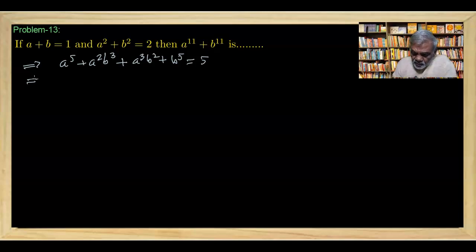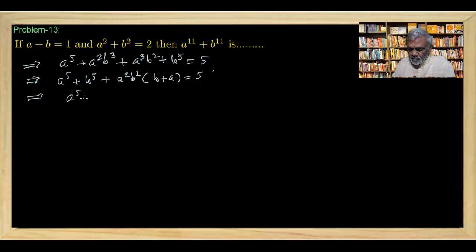And this will give us a raised to 5 plus b raised to 5 plus a square b square into b plus a, or a plus b, is equal to 5. And this will give us a raised to 5 plus b raised to 5 plus ab raised to 2 into b plus a, I can write down a plus b, is equal to 5.